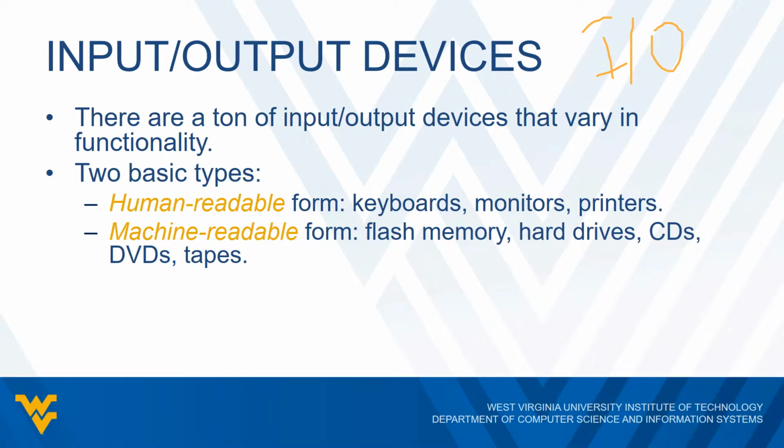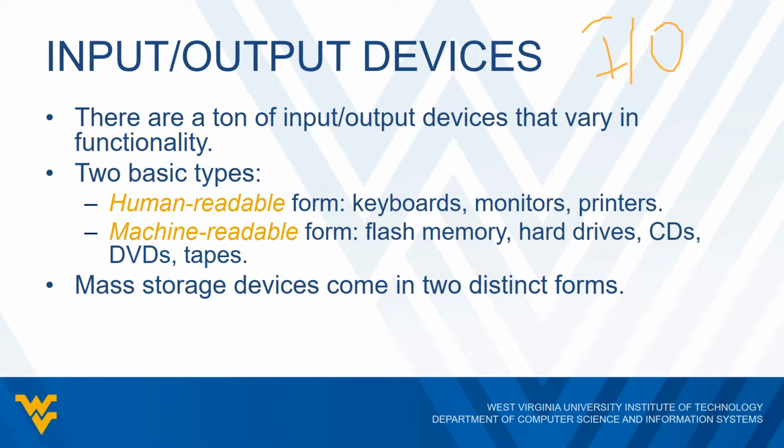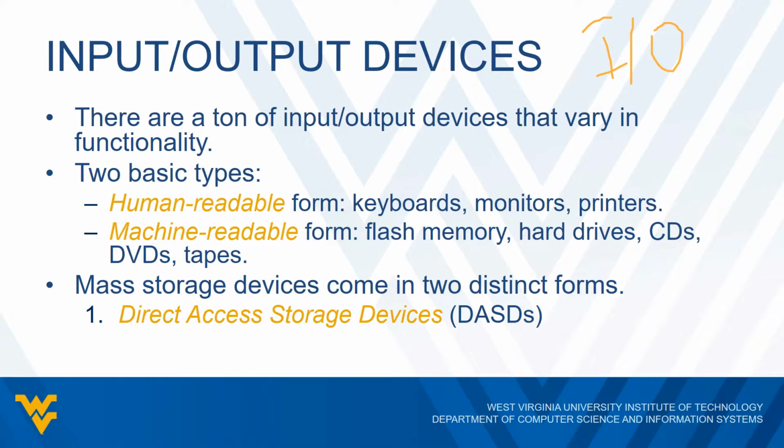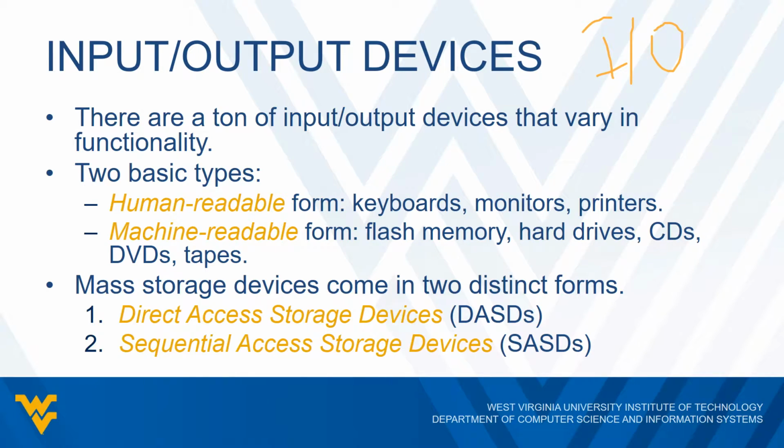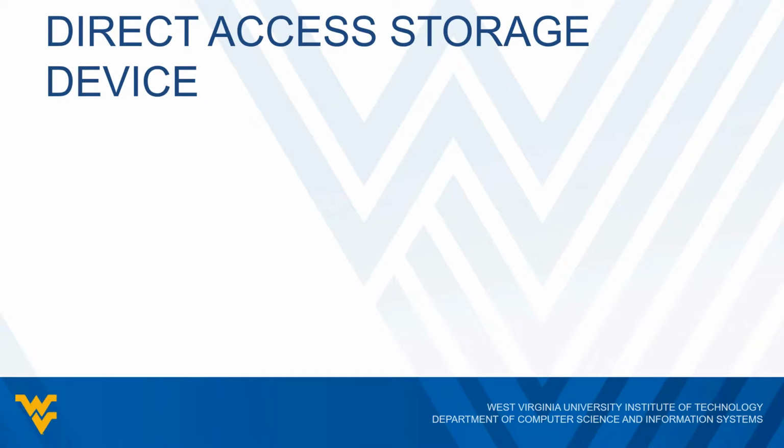Now, these devices also come in two distinct forms. So we have what are called direct access storage devices, or DASDs, and then we also have sequential access storage devices, or SASDs, and we're going to talk about both of these forms in more detail. Now, when we talked about random access memory, there were two fundamental characteristics of random access.